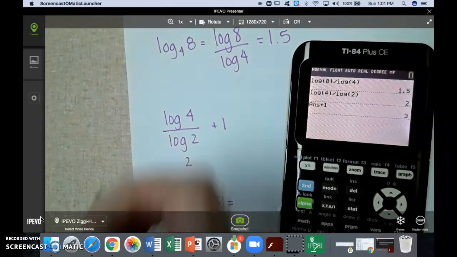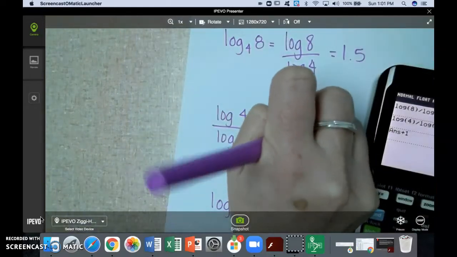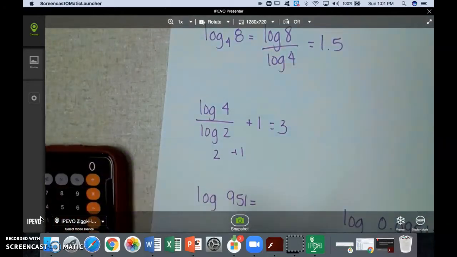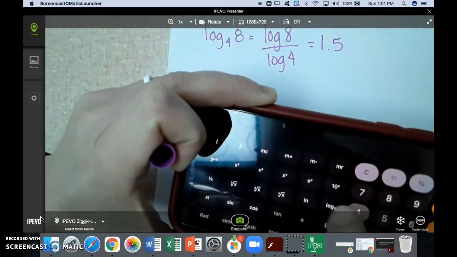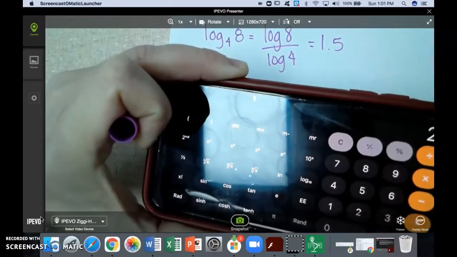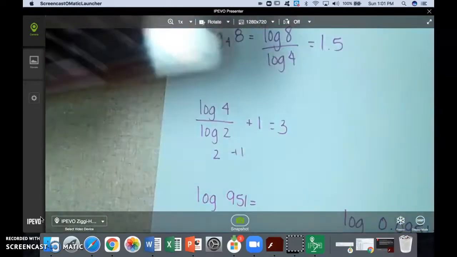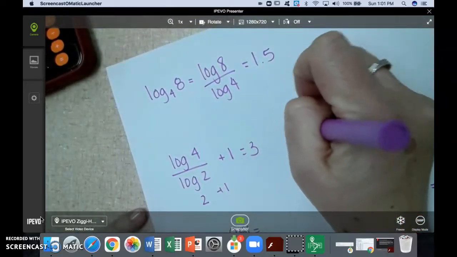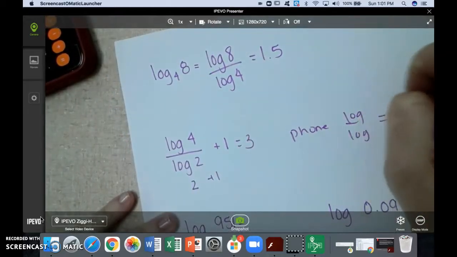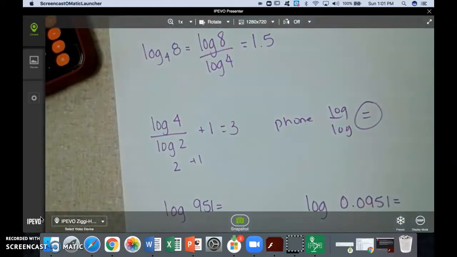You can add 1 or you can do it in your head. Okay, so we know that's 3. On the phone, it's going to be the same idea. So I'm going to go 4 log divided by 2 log equals plus 1. Okay, so on the phone, you need to remember after you do the log and the log, you press equals. Okay, so that's going to be the huge thing.